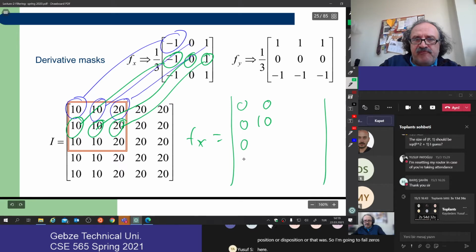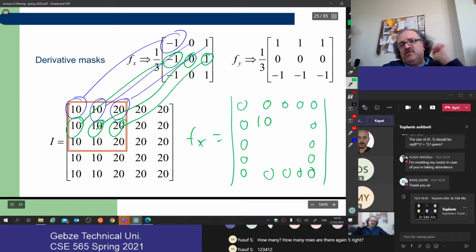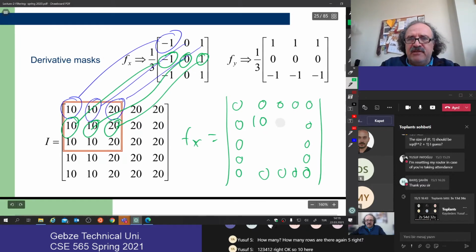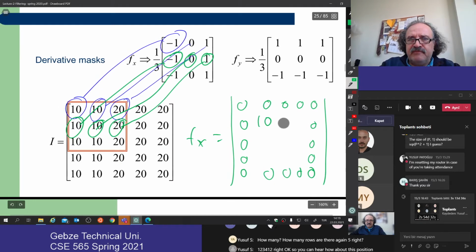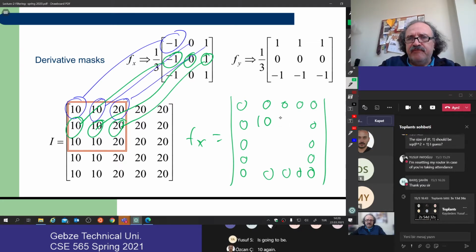So I am going to fill in zeros here. 0, 0, 0, 0, 0, 0. How many rows are there? Okay, 5, right? 1, 2, 3, 4, 5. Okay, so 10 here. How about this position? What would I get? It's going to be 10 again, right?